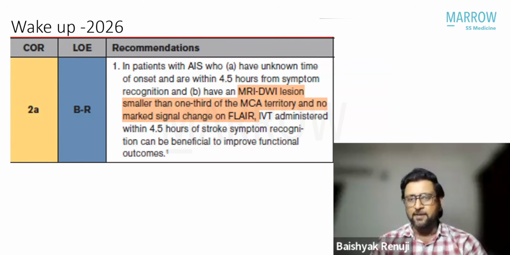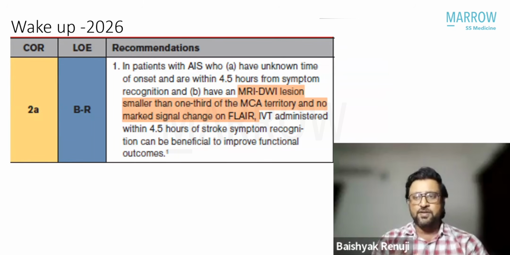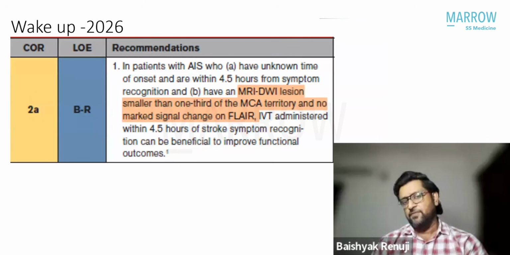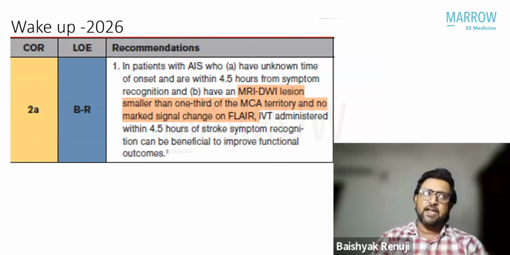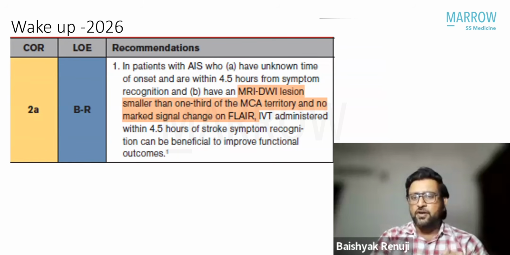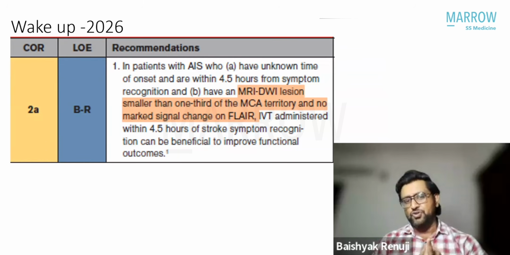Posterior circulation is always tricky. But still, what we can take is a diffusion flare mismatch and the deficit is matching. You can lyse. But in MCA territory, if it is more than 1/3 of the entire MCA, if you lyse, the risk of bleed is much higher. And in the trial which was done, they had not taken such patients. So that is why it should be less than 1/3 MCA. That is one caveat you should know.